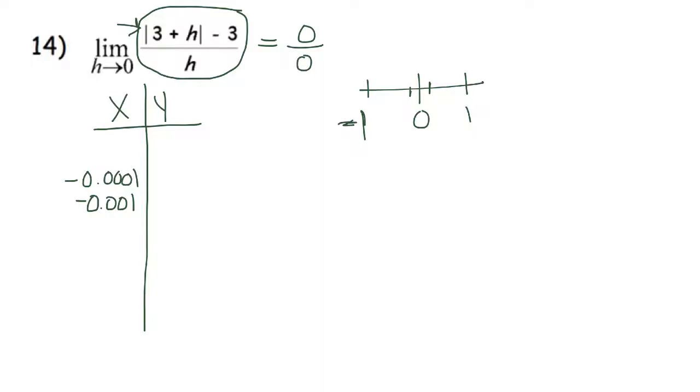And then over on the other side of 0, we could just make that positive, 0.001, 0.0001. But we know here at 0, we're not going to get an answer. But hopefully when we go through and we start plugging in all these values, notice from the left and from the right, as we're approaching that 0, we are going to be approaching the value of 1. So hopefully y'all got that answer. And again, you just have to plug these values into your calculator, and that should generate it for you.